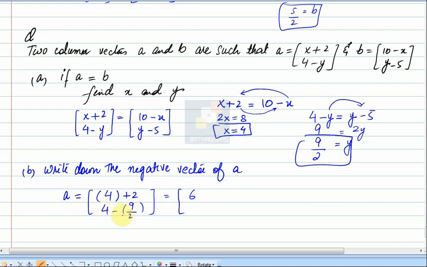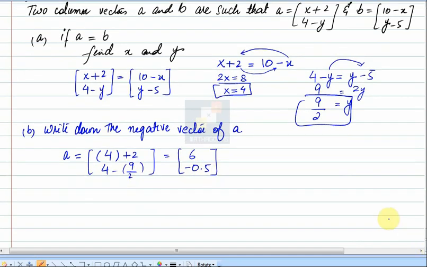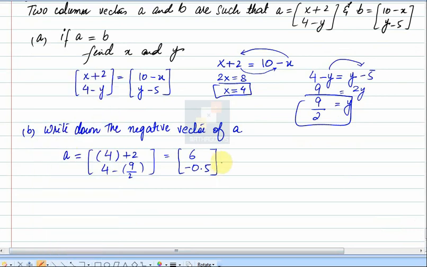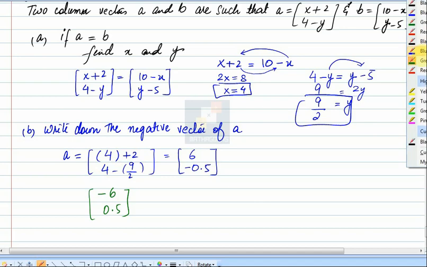So 4 − 4.5 is −0.5, right? So the vector A is (6, −0.5). If you need to find the negative vector, that equals (−6, 0.5), right? That is the negative vector of A. Clear?